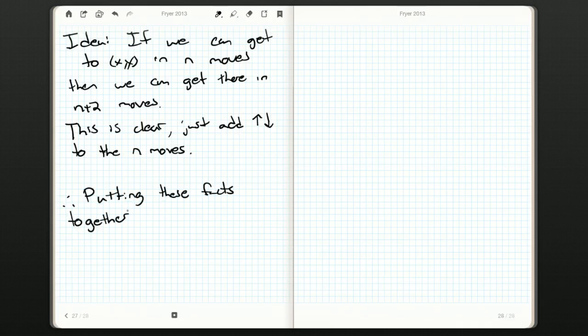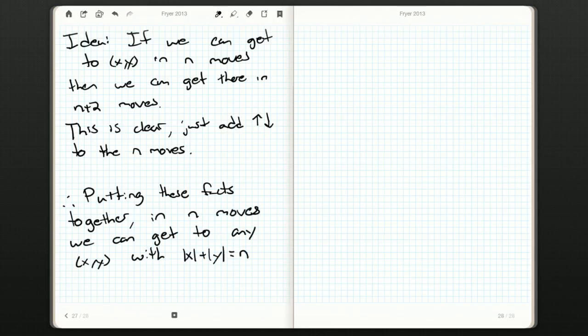So if we want to put these facts together, how many dots can we get to in exactly n moves? So we need the absolute value of x plus the absolute value of y. That'll be even if x plus y is even, so we don't need to worry about that.